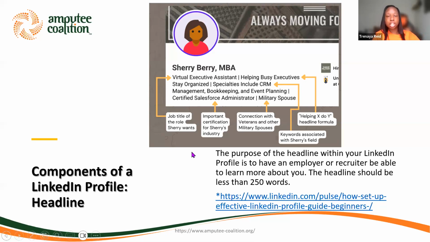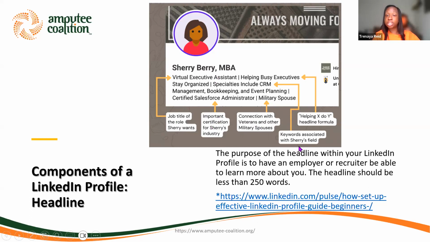As we see here, an example of Sherry's headline, you'll see the job title of the role Sherry wants to apply to, or what she's looking for. She also lists an important certification for her industry. She also lists her connection with veterans and other military spouses, and she puts that she's a military spouse.